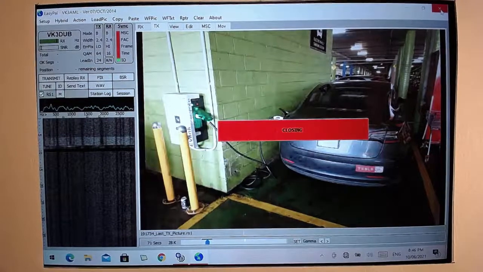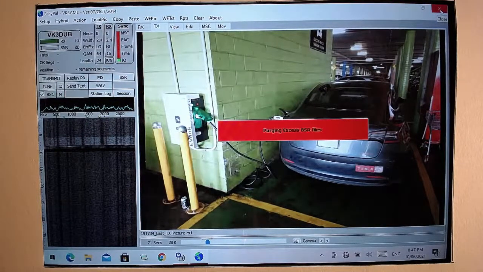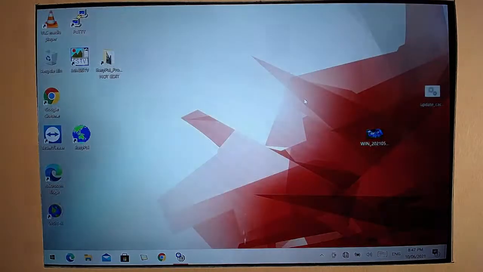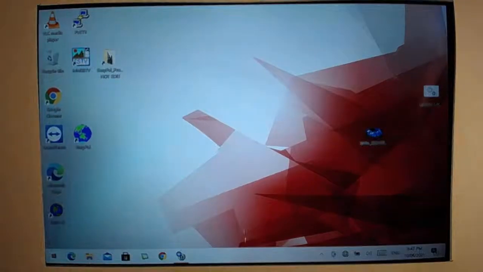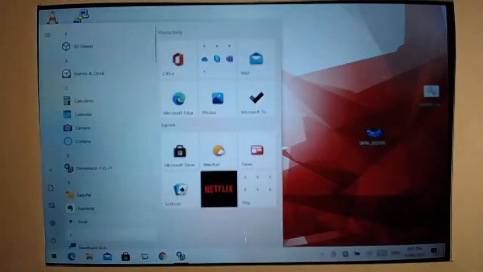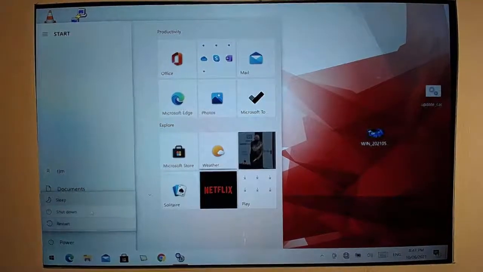I might reboot the computer. This is VK3AML. I'm rebooting. So switch off, shut down, and okay, reboot.